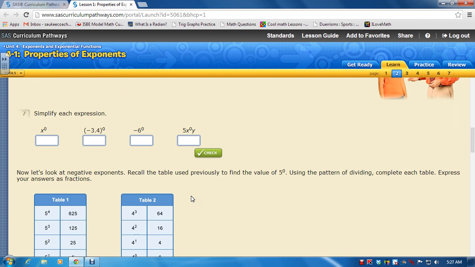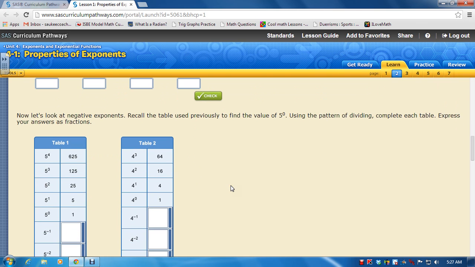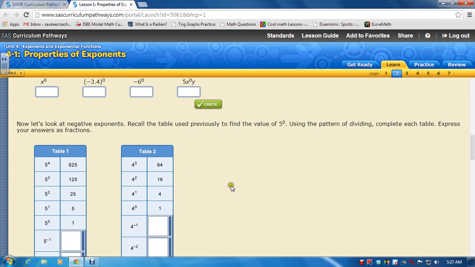All right. I think I'm going to skip down to our negative exponents here, and we're going to look at a table. We talked about how negative exponents, if they're negative and they're in the numerator, we can flip them to the denominator and make them positive, right?